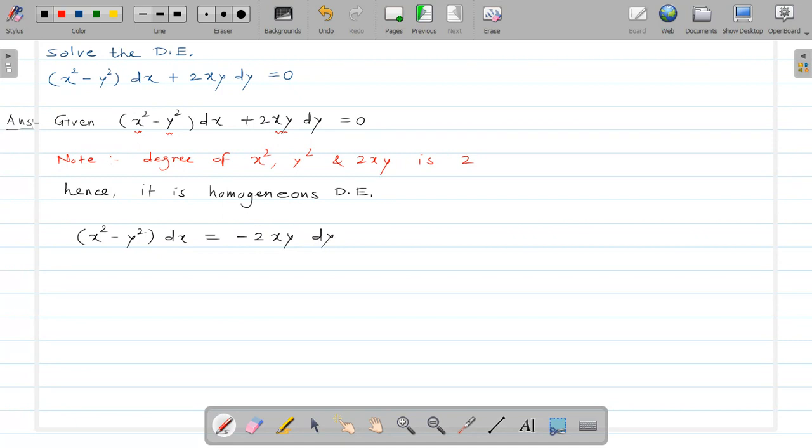Then dy by dx will be, transferring this dx to the right hand side, (x square minus y square) upon minus 2xy. So this is a very important step, remember. Or you can rewrite this, because of this minus sign, with the numerator as y square minus x square upon 2xy, so that the minus sign gets cancelled, and hence we get dy by dx is equal to this.